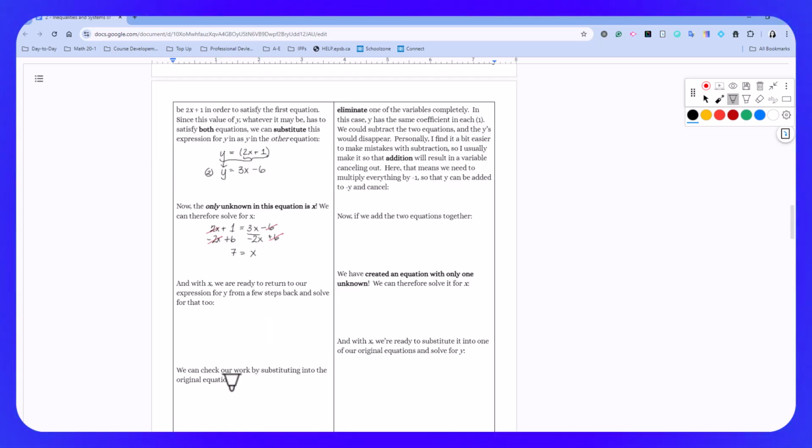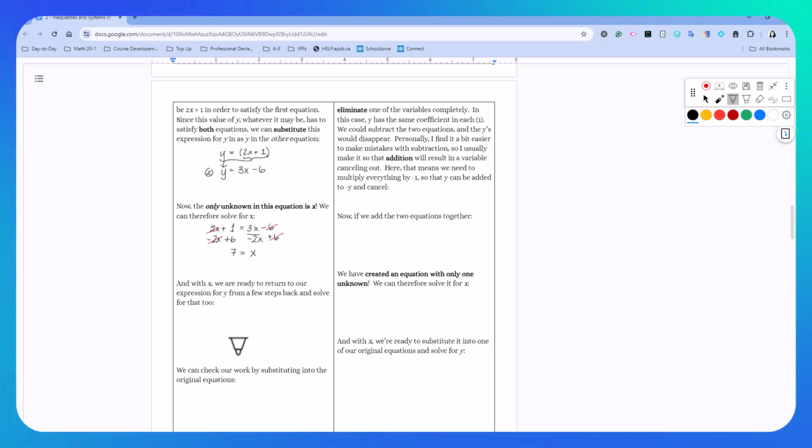So now that we have this x, we're ready to return to our expression for y from a few steps back and solve for the y. At this point you can pick either equation. We can start with y equals 2x plus 1, and then we can solve by substituting that value of x into here. And that gives us y equals 14 plus 1, which is 15.